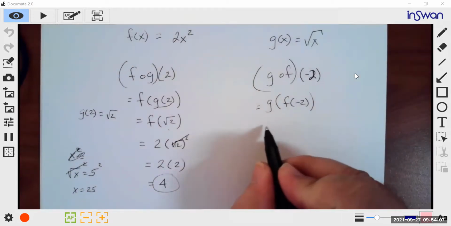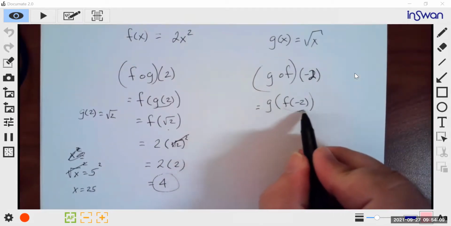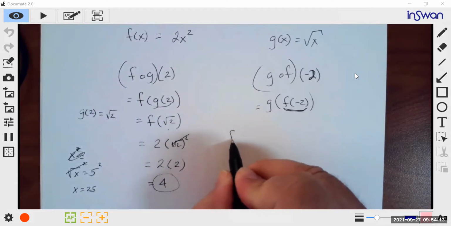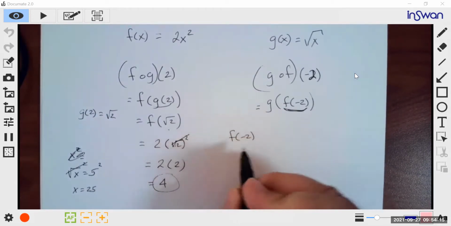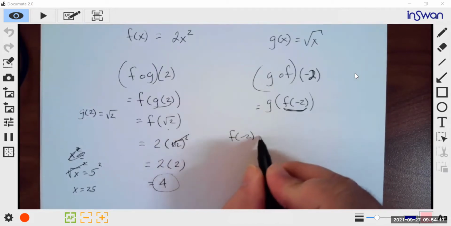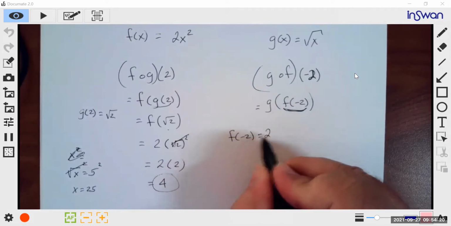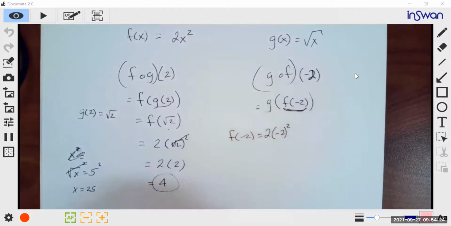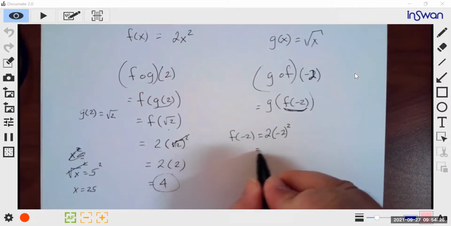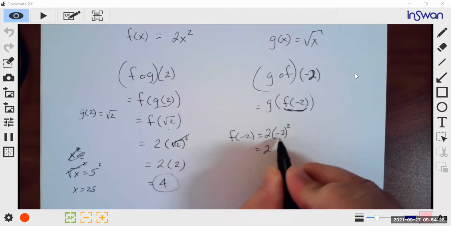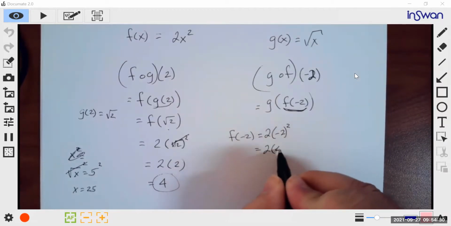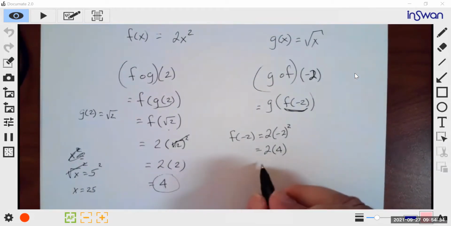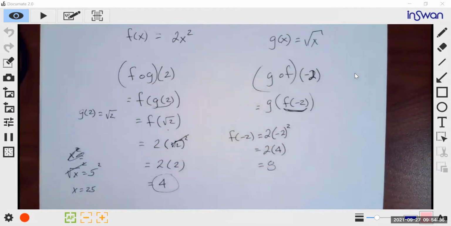Now, likewise, the second one. We have to first find out what this is. So f of -2. Anywhere we see an x, we put a -2 in its place. -2 squared is +4. 2 times 4 is 8.